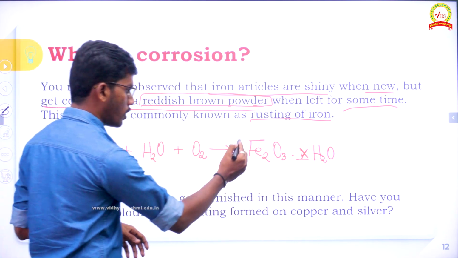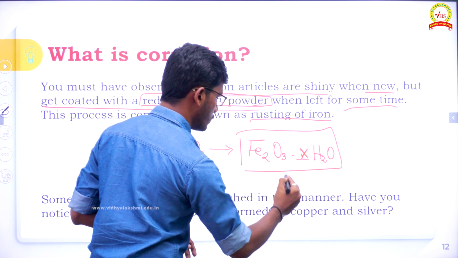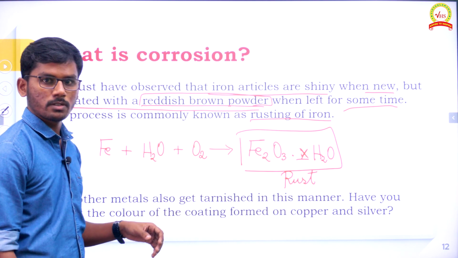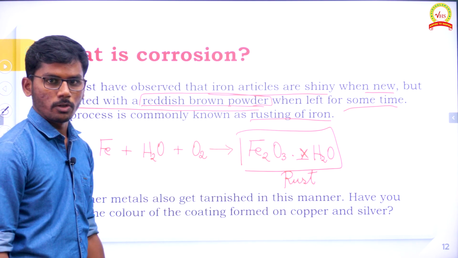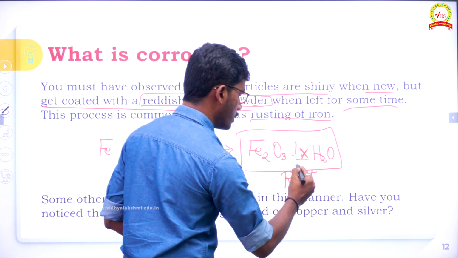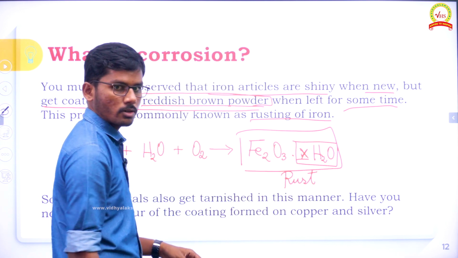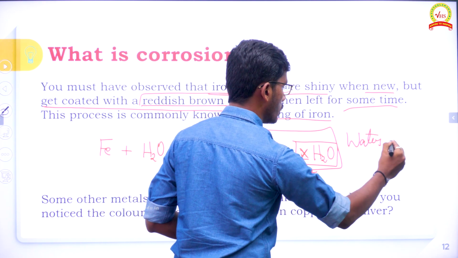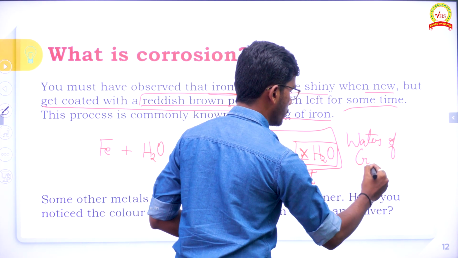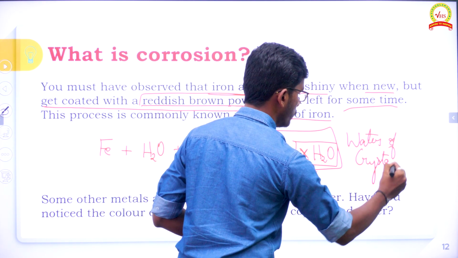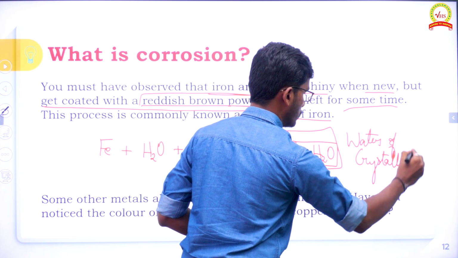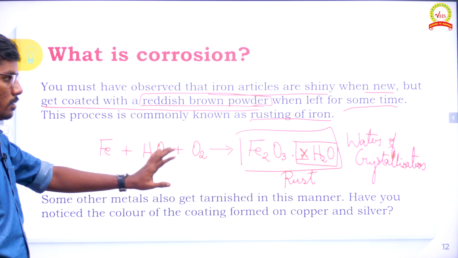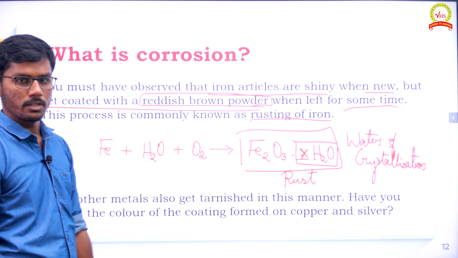This product is what we call rust, the formation of iron oxide with water molecules. The water molecules attached to a compound are called water of crystallization, which we are going to learn in detail in the second chapter. Water of crystallization.